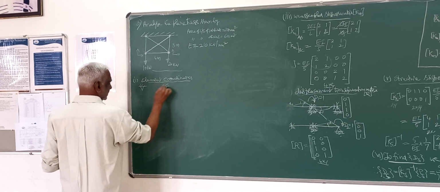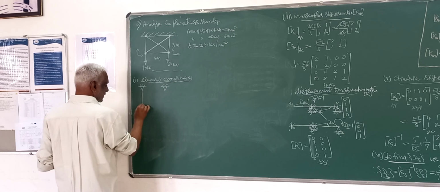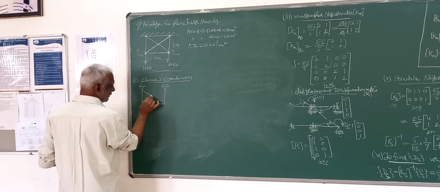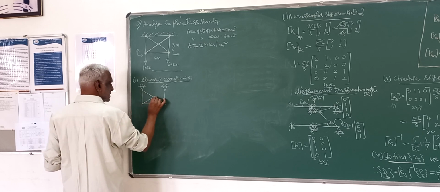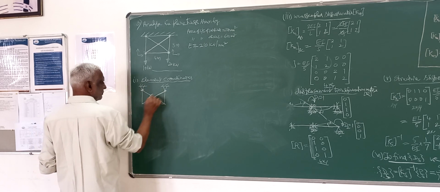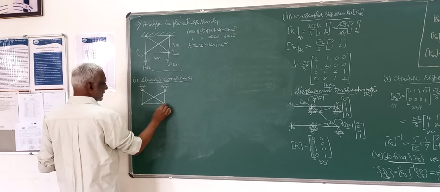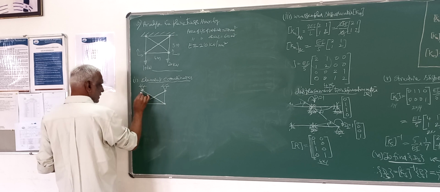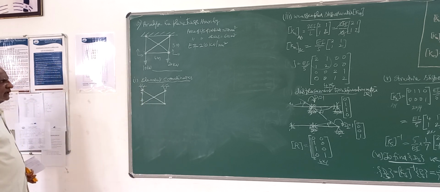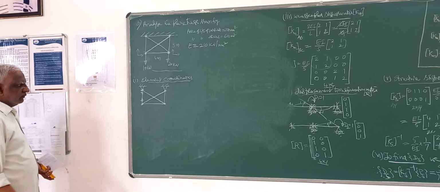This also is a hinge support, and there are 5 members like this in the given problem. These are the 5 members. So these are the 2 vertical members. Always we will take the member forces which are purely axial forces, either tension or compression. We take tension positive always.